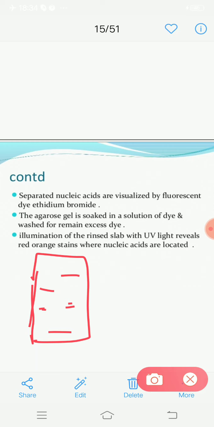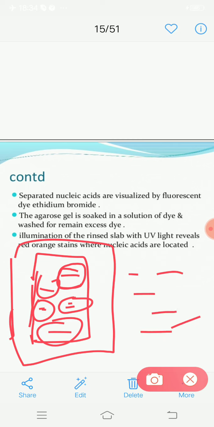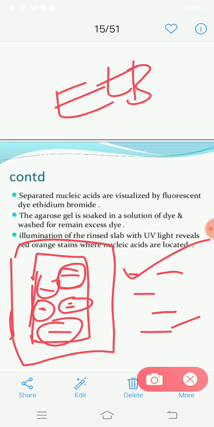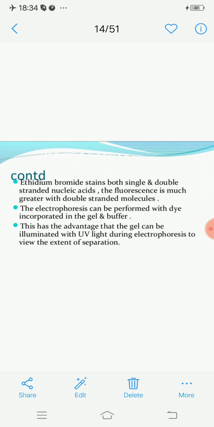Then after that you have to take this gel and keep it on the UV transilluminator, which gives the UV light. Under this UV light, the ETBR, which is intercalated in this DNA, will fluoresce into the red and orange color. So the band you can see in the red and orange color is due to the ETBR. ETBR is an intercalating agent, which intercalates into the DNA molecule.